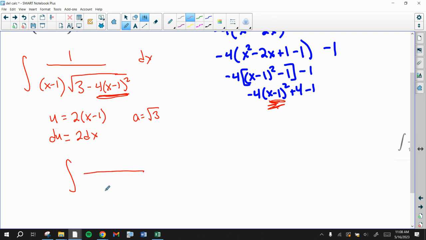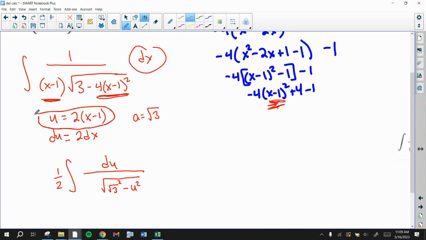I have, in the square root, root 3 squared minus u squared. My dx is equal to 1/2 times du. And this x minus 1 is, well, look at it. It's right here. X minus 1 is actually u over 2.